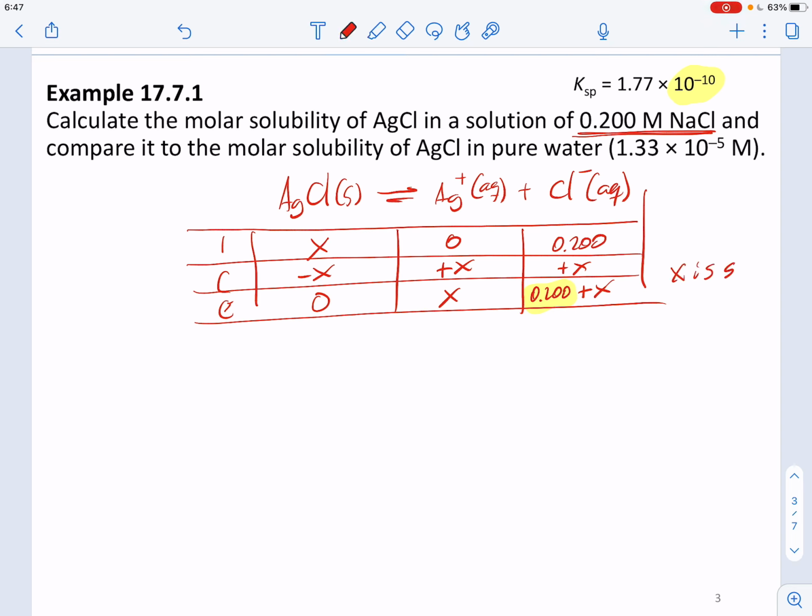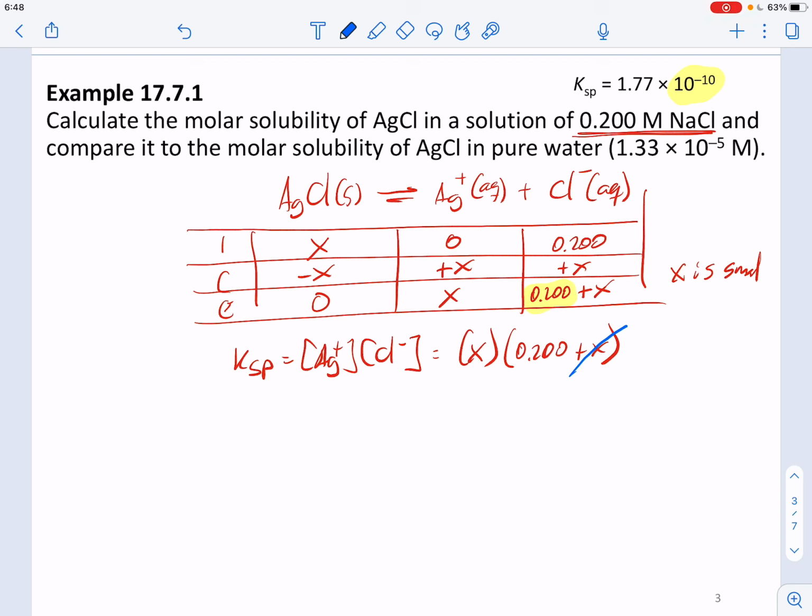So when we write our expression for Ksp, which is [Ag+] times [Cl-], we are going to end up with x times (0.200 plus x), and basically x is very small in comparison with 0.200.